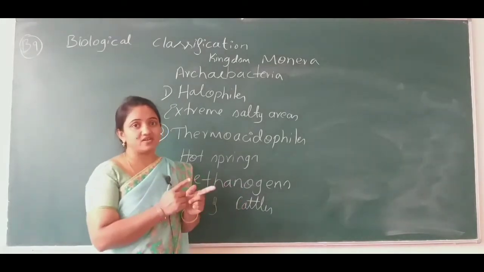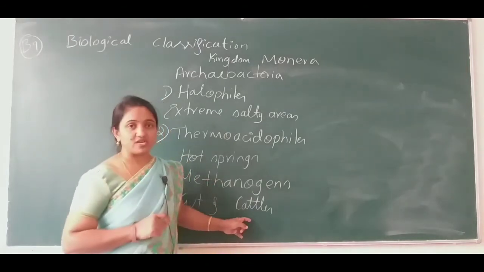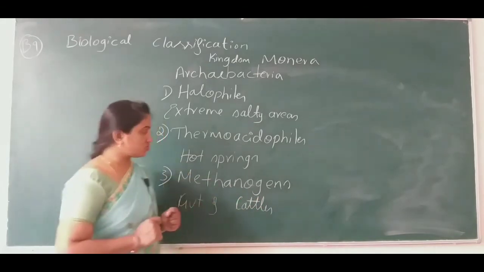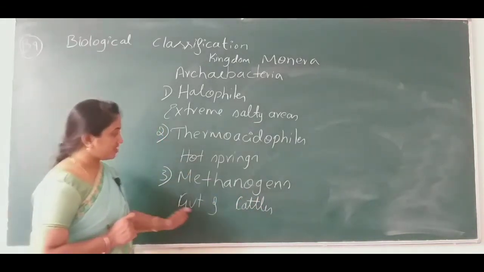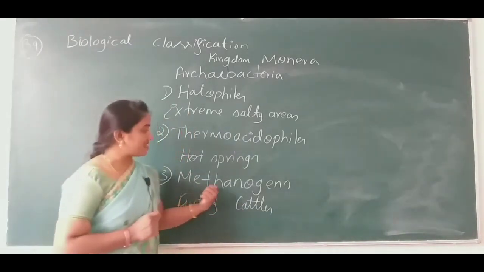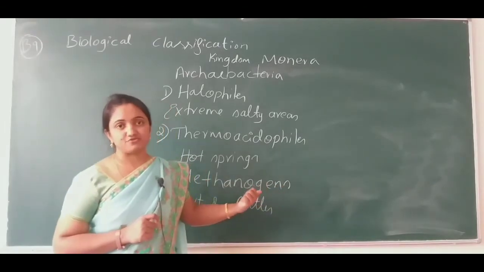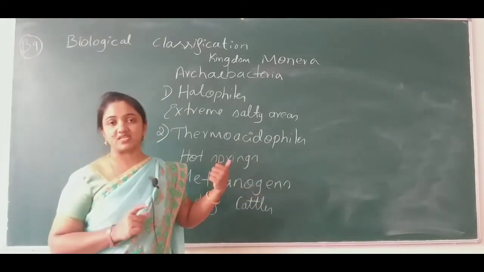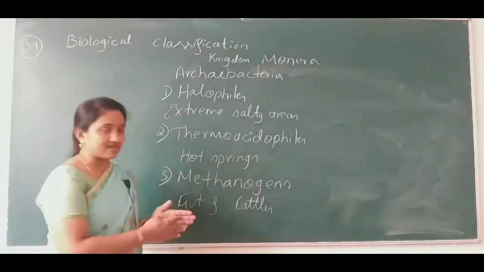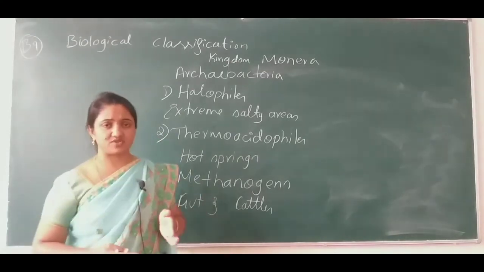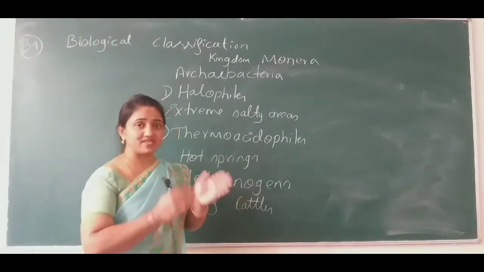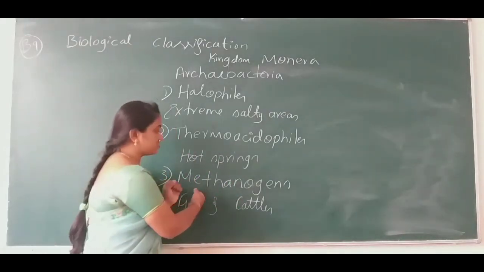Cows' or buffaloes' dung should be collected. Concentrate on my words: in the gut of the cattle, cows or buffaloes, methanogens are present. Methanogens are the type of Archaeobacteria that live in the gut, like a digestive tract, where a number of enzymes and acidic content are present. In that acidic content, the methanogens are present.